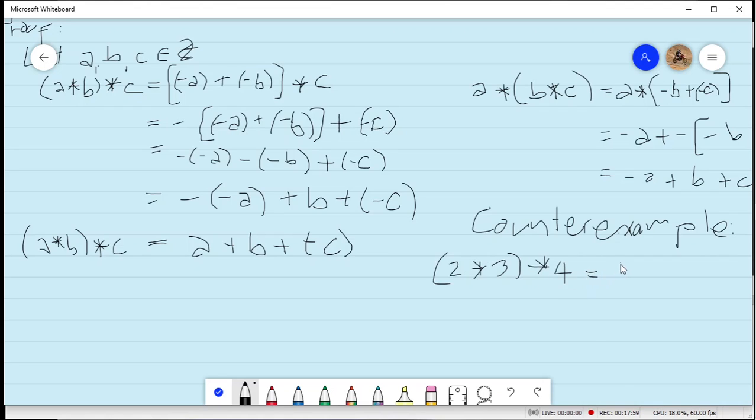would be equal to negative 2 plus negative 3 operated to 4.